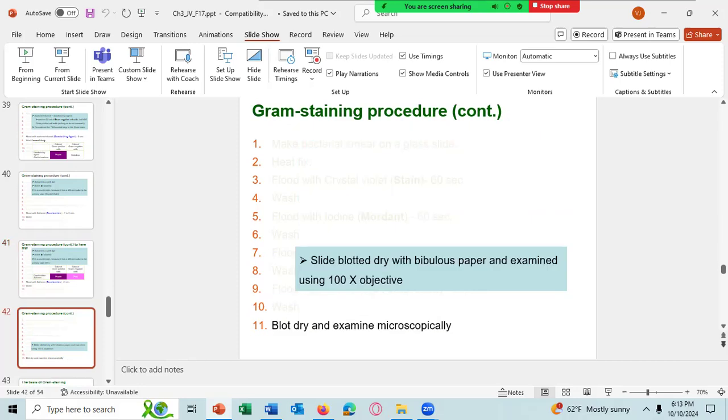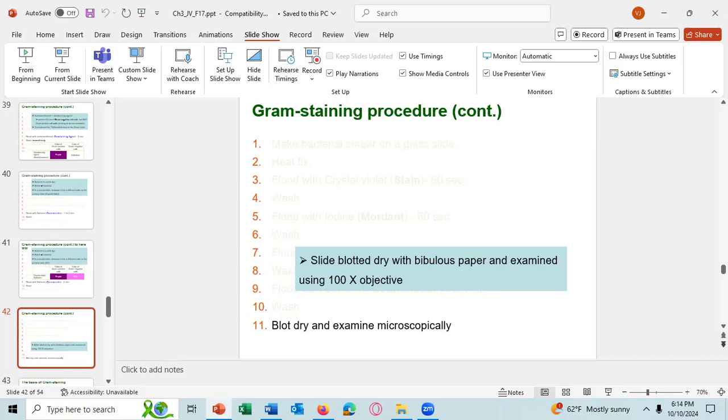You then take the slide and you simply blot it dry with bibulous paper. Let me talk a little bit about bibulous paper now. It's a very thick paper, sort of similar to thin cardboard that you can easily bend. You rip it out of the book, take your slide, fold over the bibulous paper. I don't know if you can see this or not.